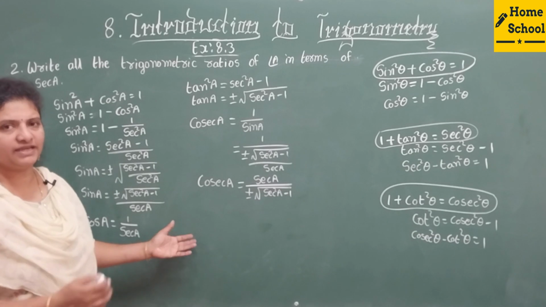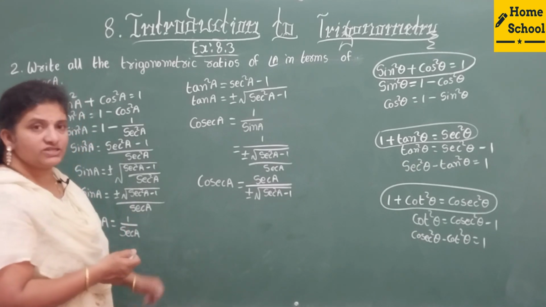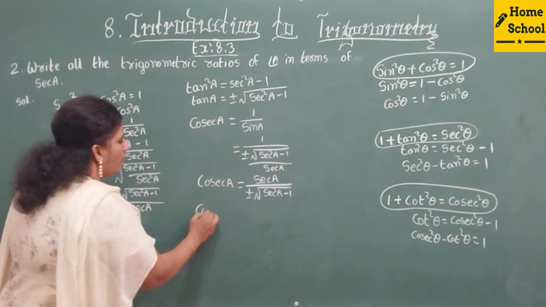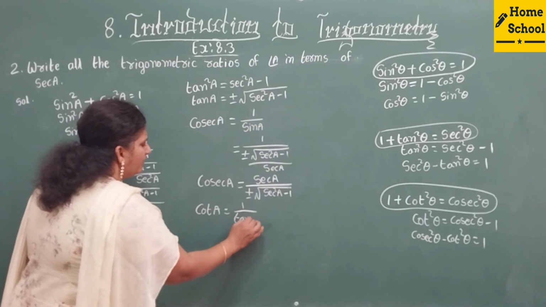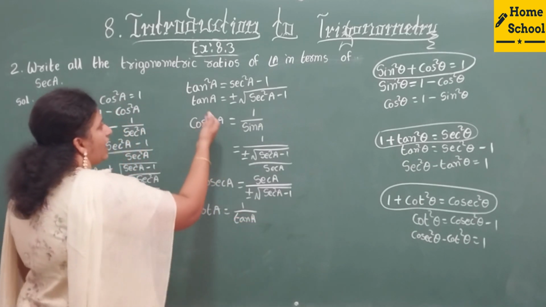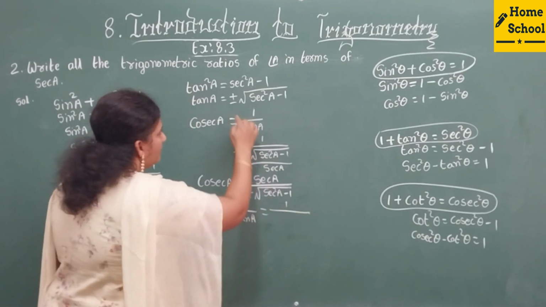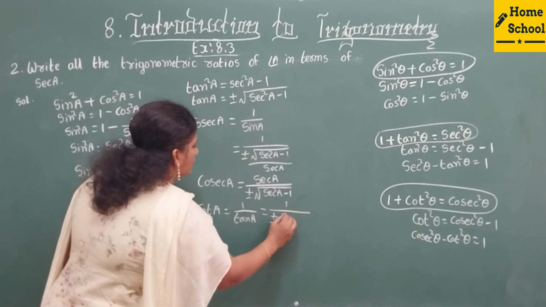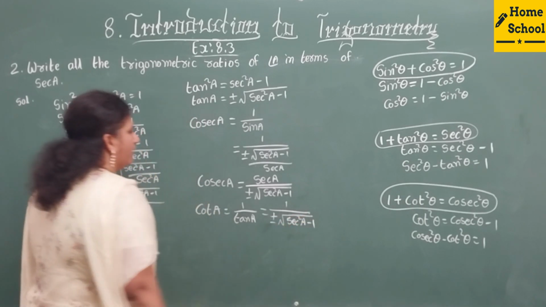Next what you have? Secant A in terms of secant A as it is, no need of writing. And next cot A. What is cot A? Cot A is nothing but 1 by tan A. Right? Tan A we already got. Write that one only. 1 by plus or minus square root of secant square A minus 1.